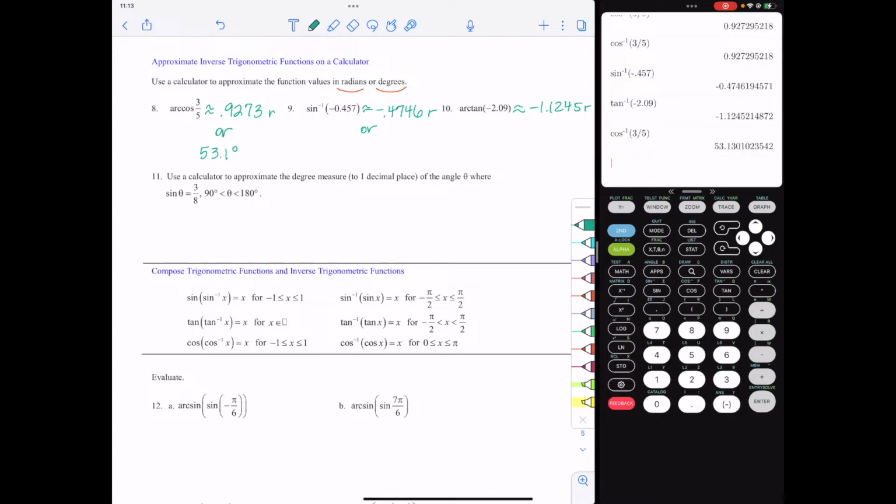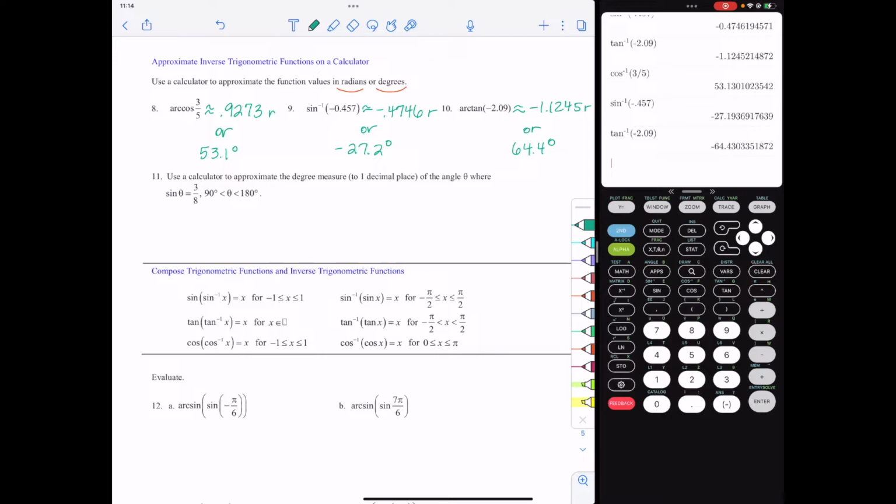As you can see, I'm reusing what I have already typed, but I'm in degree mode. So this would be negative 27.2 degrees. And then the tan inverse was the last one we had, and that would be 64.4 degrees.